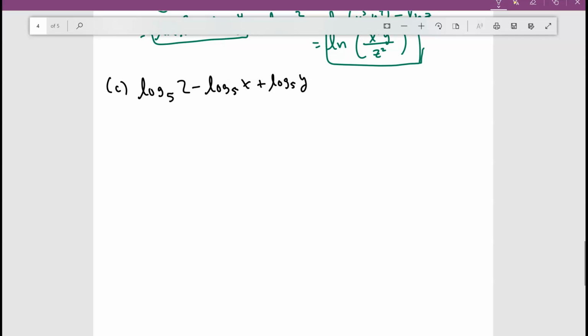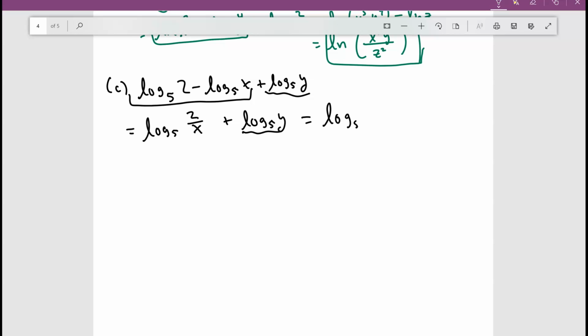First I notice this is a minus, so this is going to turn into a fraction. So it's going to be log base 5 of 2 over x plus log base 5 of y, because that thing is just lingering. And now this addition is going to turn into multiplication, so this is going to be log base 5 of 2 over x times y.